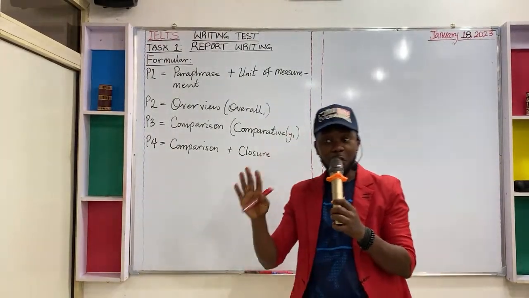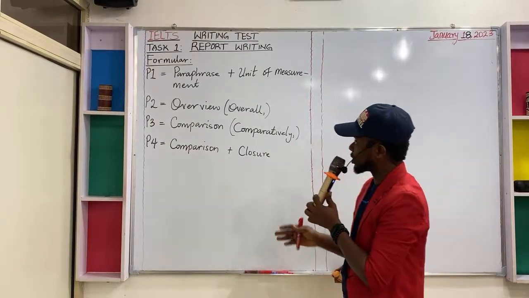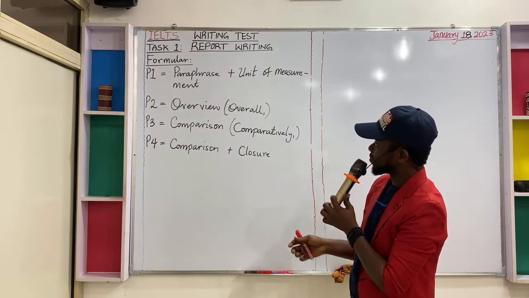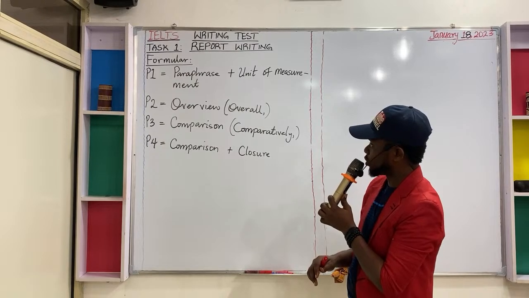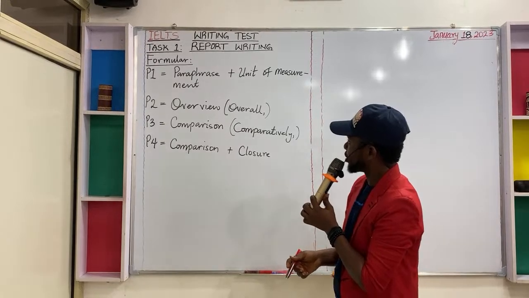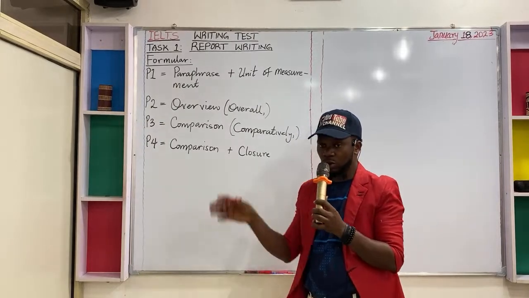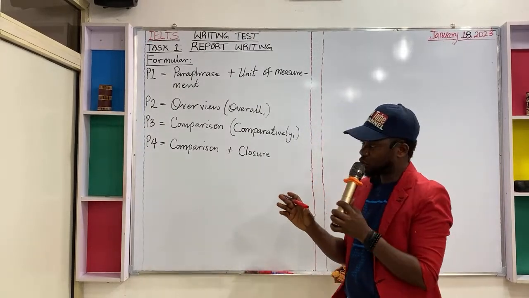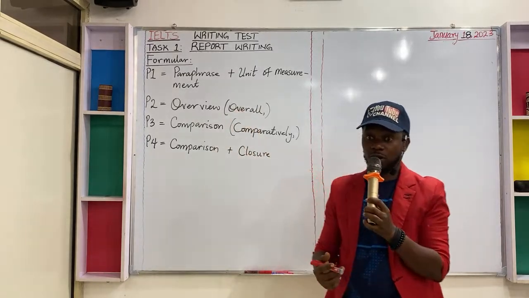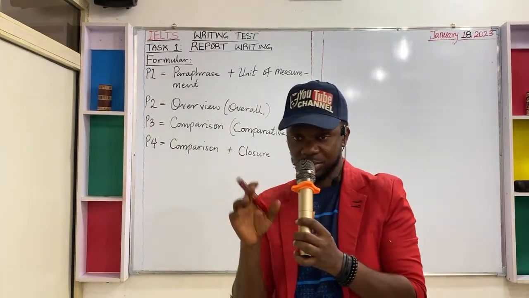Your report, 4 paragraphs. Now, each paragraph has its own components or features that you should also bring in. The first paragraph has 2 major things to consider. The first is the paraphrase and the unit of measurement. Second, you're meant to give an overview of the whole chart. And to start the overview, you are advised to use the word overall because you want to give a total or holistic description, right?